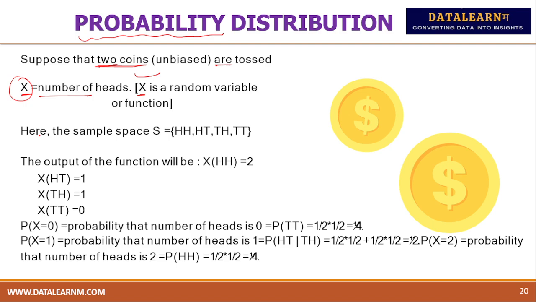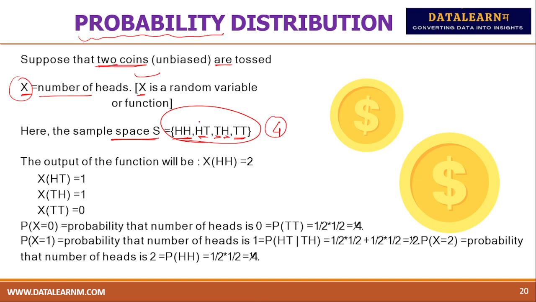So x is the number of heads. If we are throwing 2 coins, what will be the sample space? The sample space would be 2 heads, 1 head and 1 tail, 1 tail and 1 head, and 2 tails. So the total sample space would be 4.